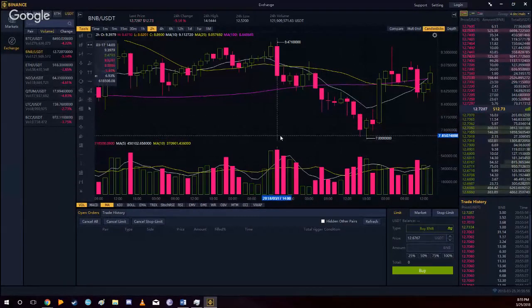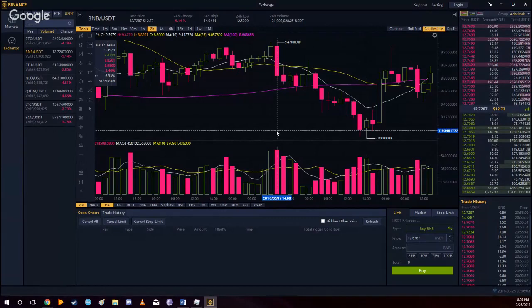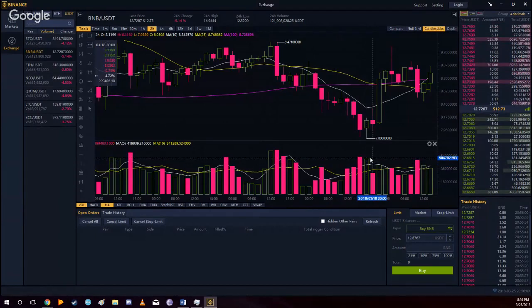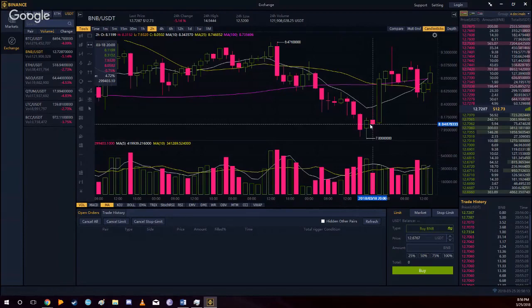Basically, the bigger the candles, the more volume, the more people, or the more cash is put into that asset. And this volume right here created an impulse that made it stable.